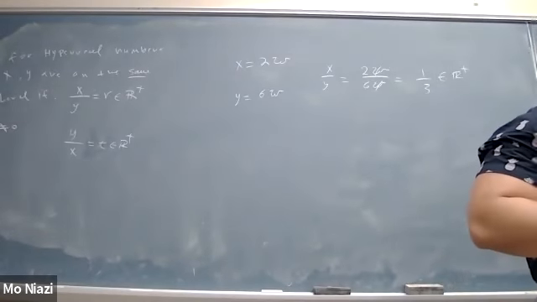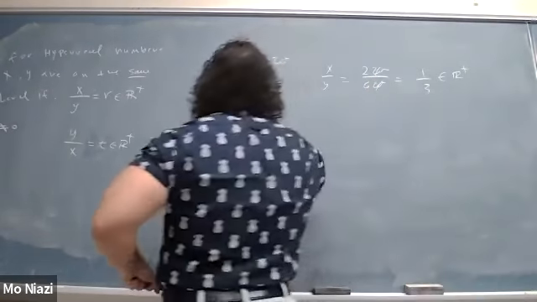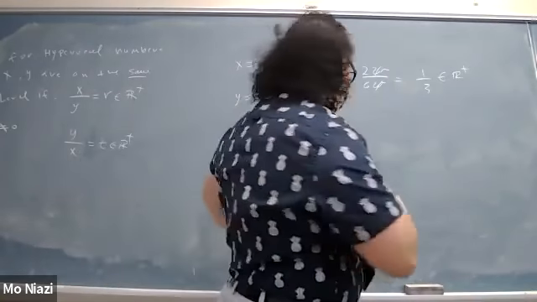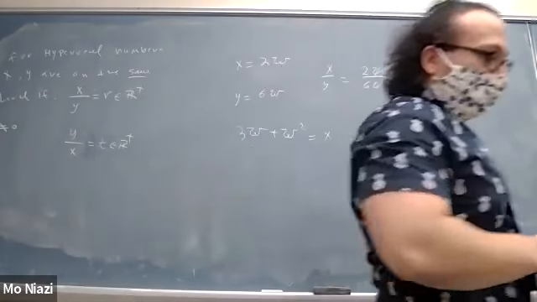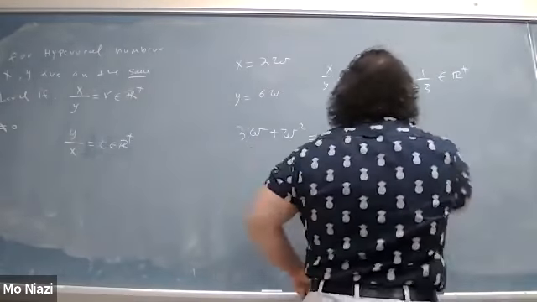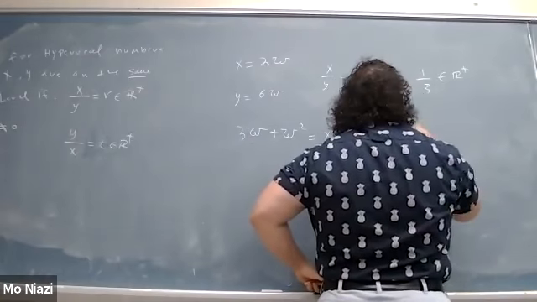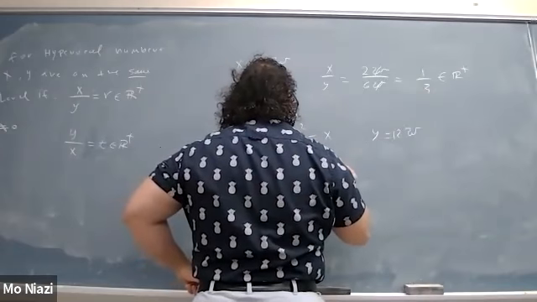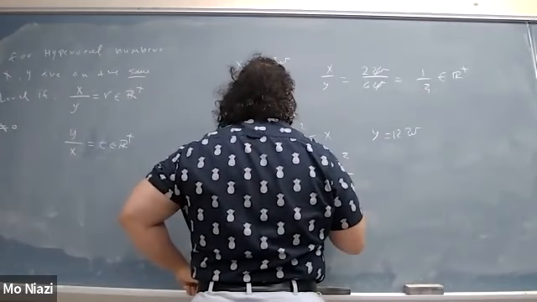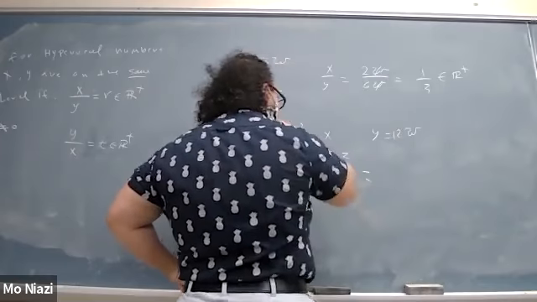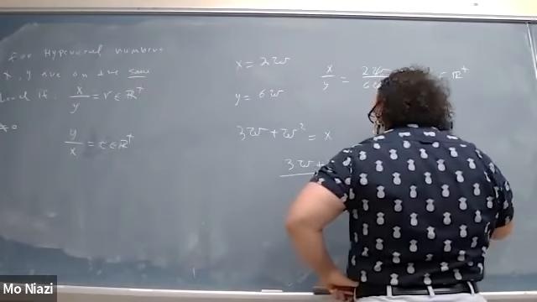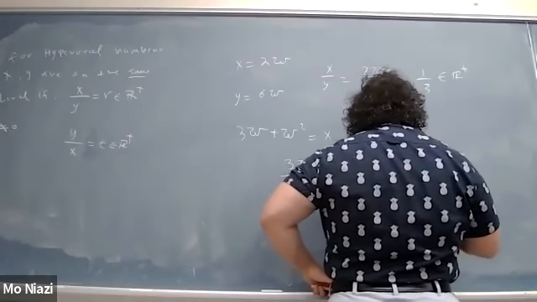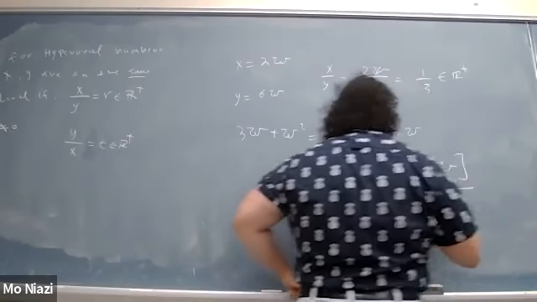Here's another example. What about 3 omega plus omega squared, let's call this our x, versus 12 omega? Notice if we take their ratio, 3 omega plus omega squared divided by 12 omega, we can factor out an omega from the top, and we get 3 plus omega in the numerator and omega times 12 in the denominator.